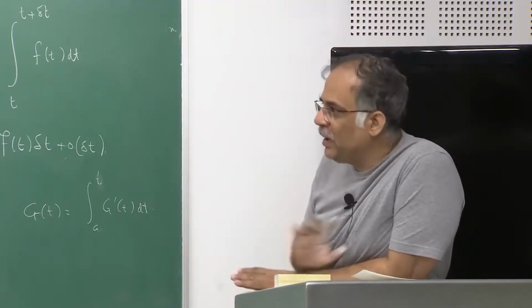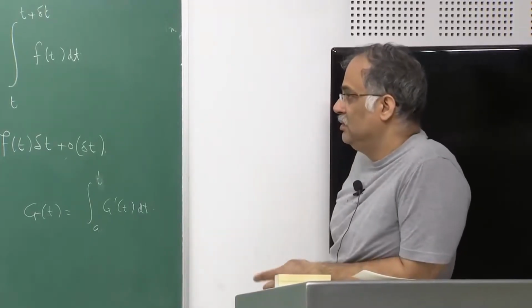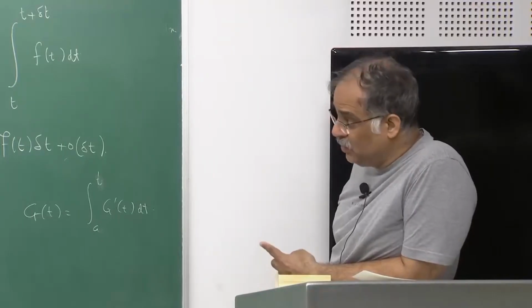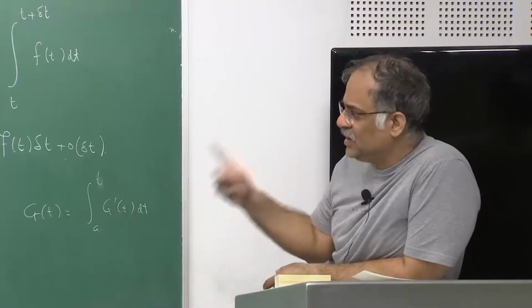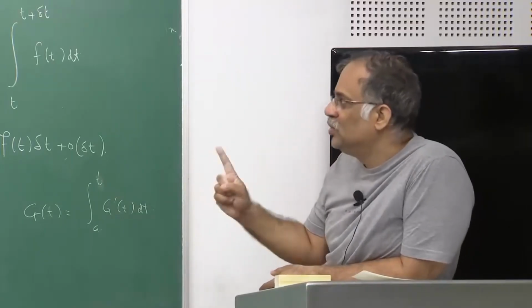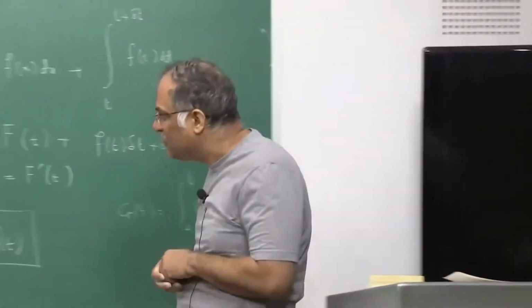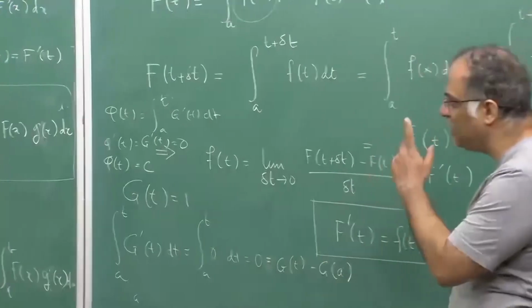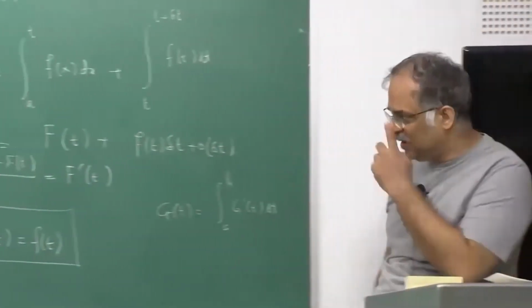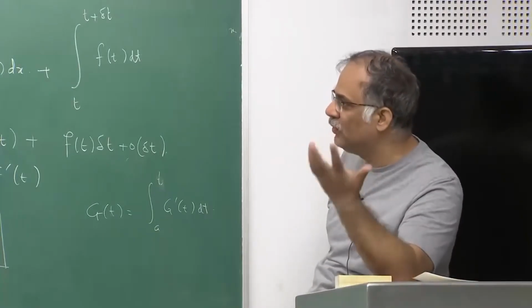I am happy that a good amount has been finished, but I would again like you to think about this. It is too crucial to understand that this function is a constant. When you have a constant function, you have to be very careful: when you integrate g dash t of a constant function, you get the zero function.